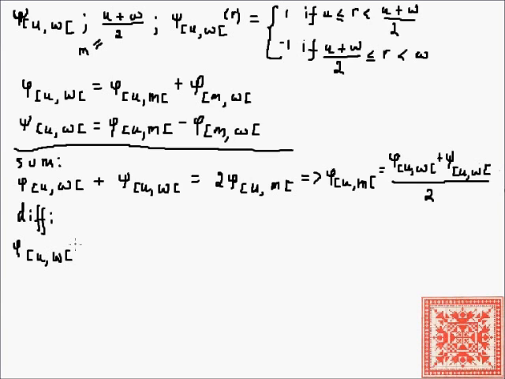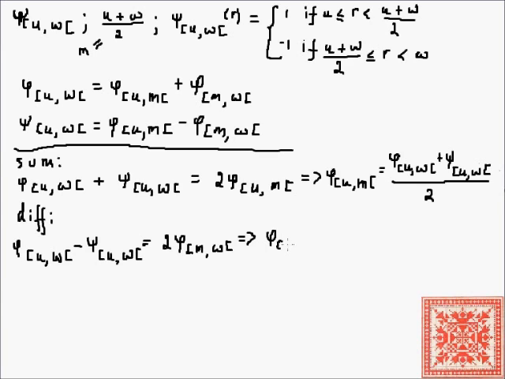So phi from u included to w excluded minus psi from u to w is equal to 2 times phi from m included to w excluded.